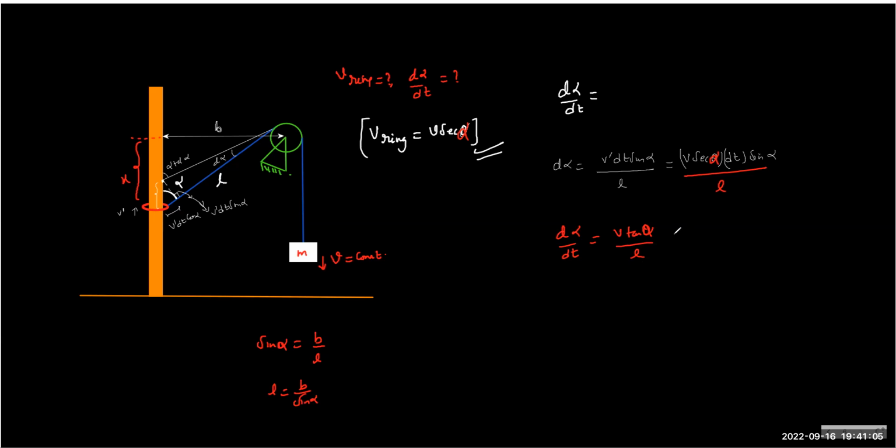Correct? So this we can write as V tan alpha upon B by sin alpha. The way you want the answer, you can write V by B, and tan alpha into sin alpha you can write as sin square alpha by cos alpha. The way you want, that's totally okay. Even if you express it as tan alpha into sin alpha, nothing is wrong about it.